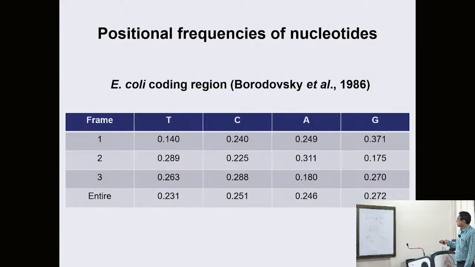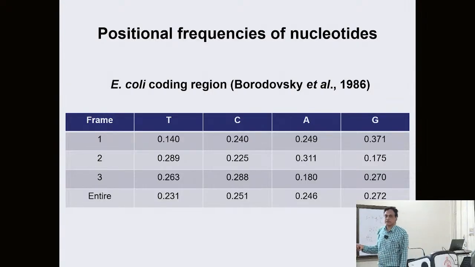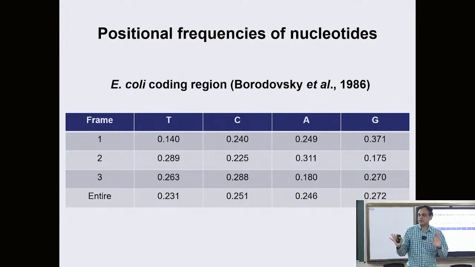And the probability of C or T at position 3, let's look at this, is about 55% or so. Okay. So because of this abundance of R and Y codons, you can see the correspondence. So it could be a potential reason why you are observing this pattern.